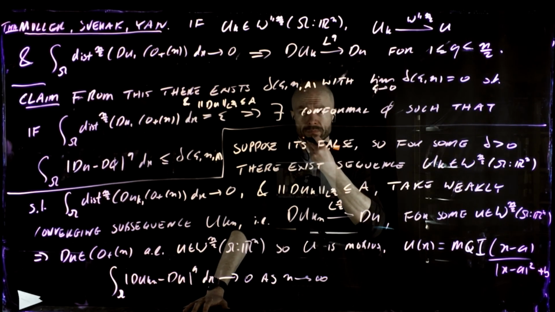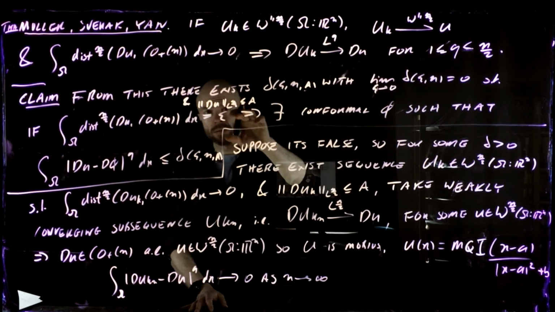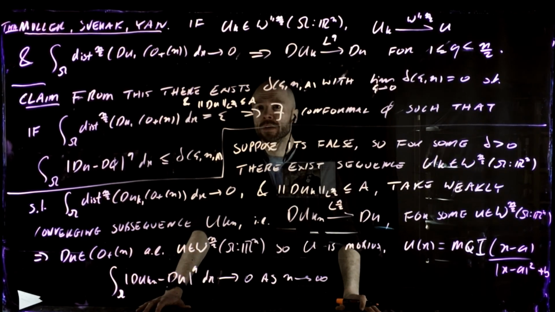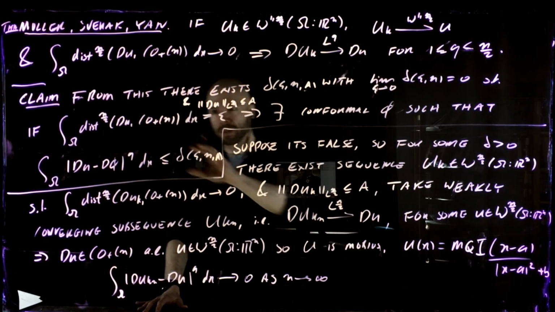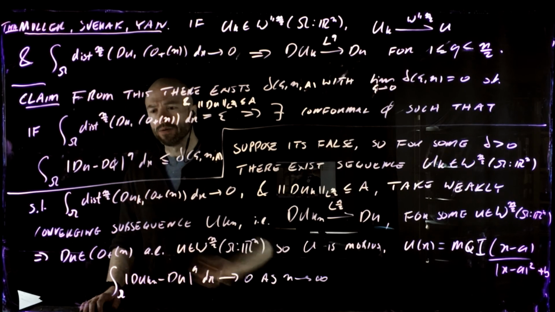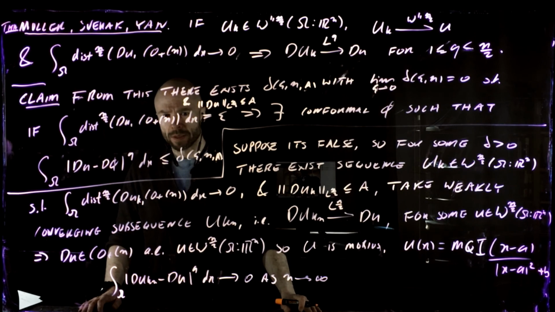So with this additional hypothesis that we insist that there's a bound on the actual norm of the gradient in L^{n/2}, we get a theorem that is a bit stronger, because we control the hypotheses and we get control of the gradient.